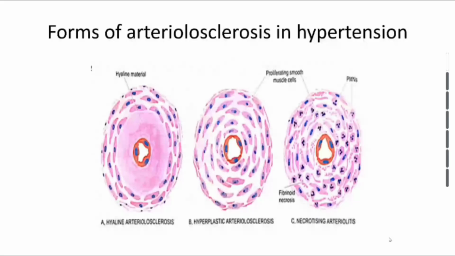Especially if it is not well controlled, one of the things we in the medical profession need to encourage our patients to do is to control it. If they are hypertensive, they should be able to control the blood pressure using medication, because when it is well controlled, they are just as normal as any other normal person.